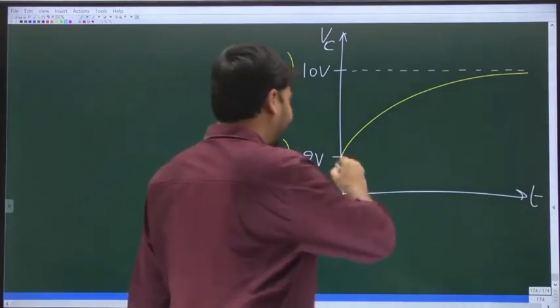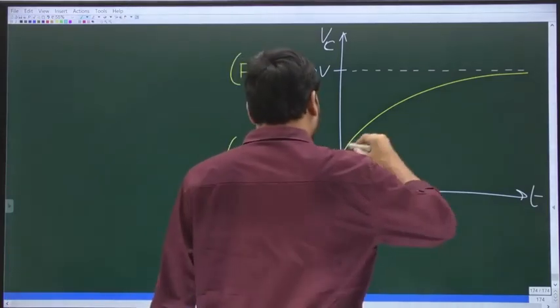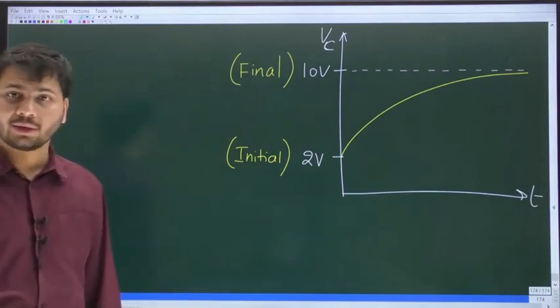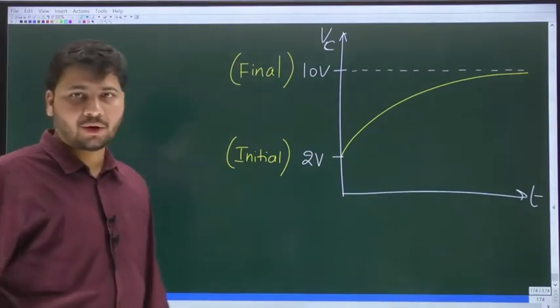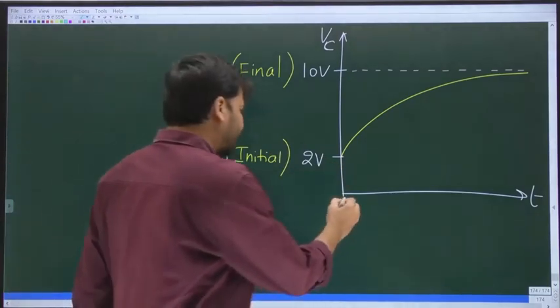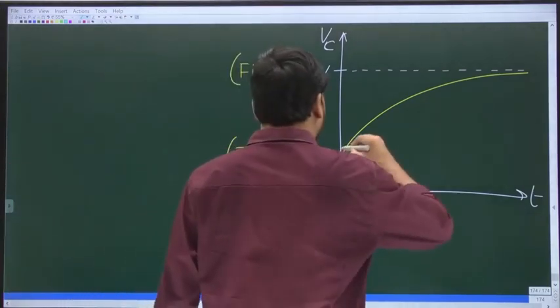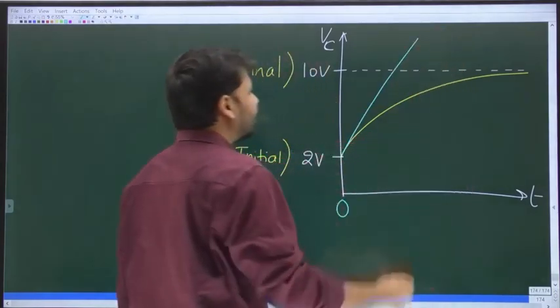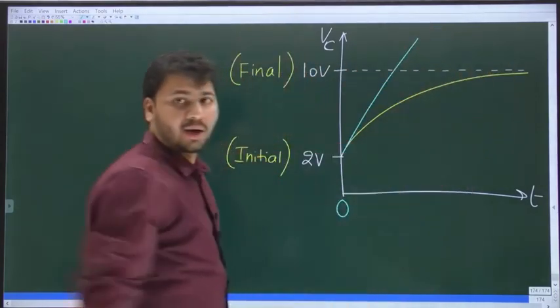Again for this curve, if you try to draw a tangent at t equal to 0, will this tangent not cut this dotted line? Yes or no?